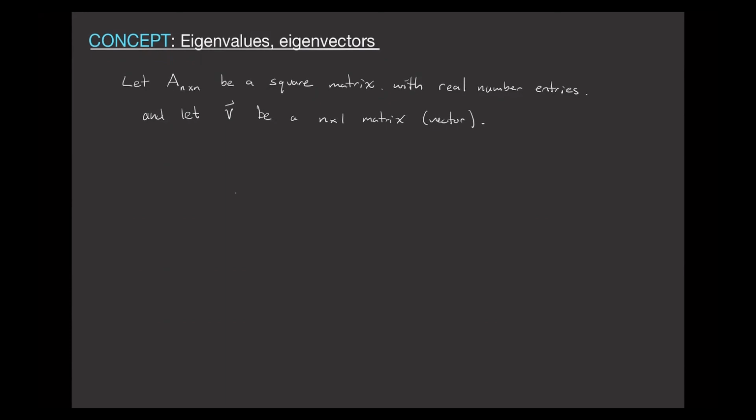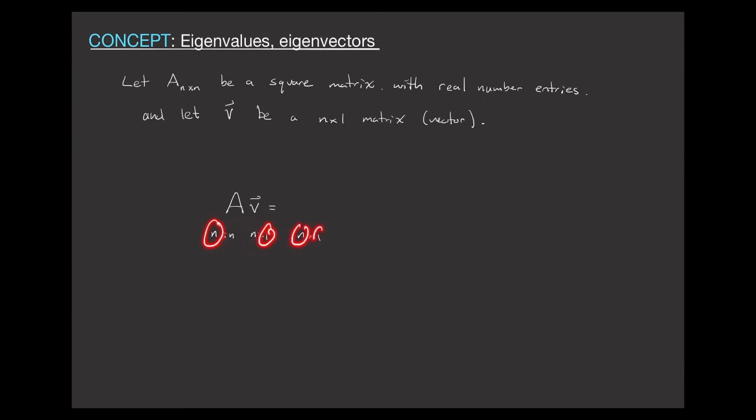If you have A times V, you multiply this together, you'll get an n by n matrix times an n by 1 matrix. And of course, we know that is an n by 1 matrix, because we match the middle dimensions, and then what we're left with after that is the outside dimensions.